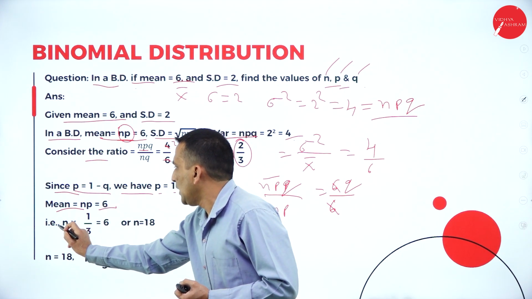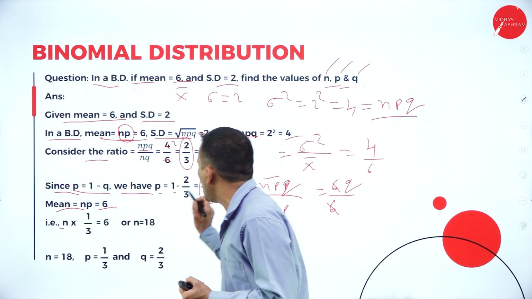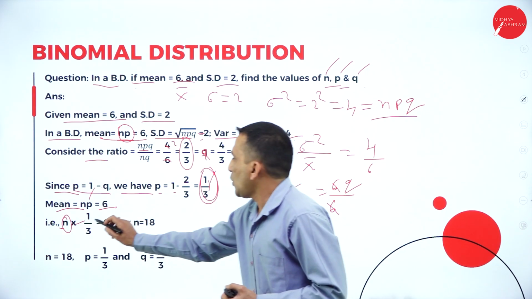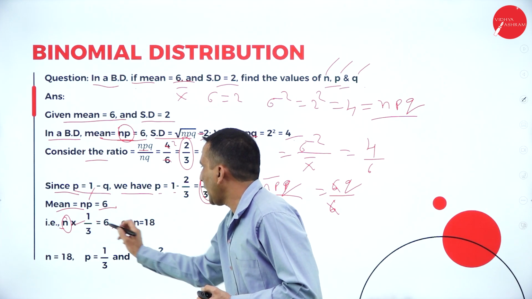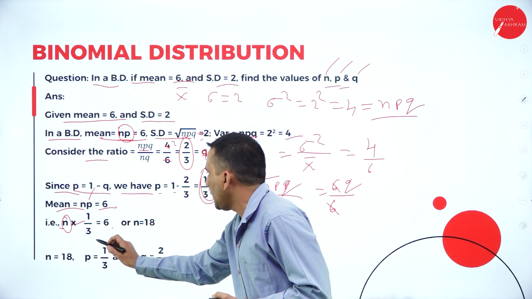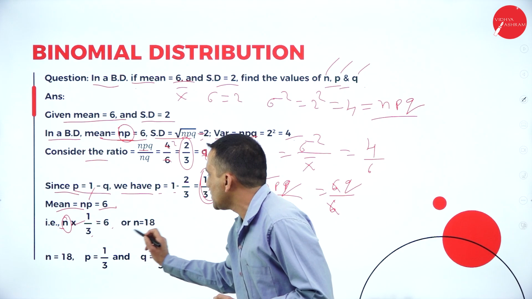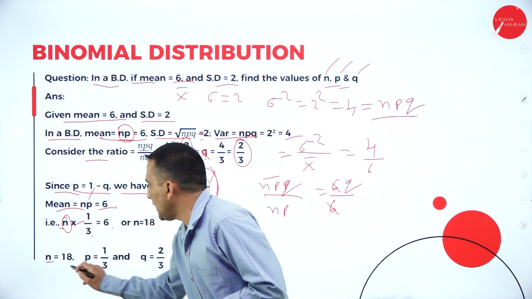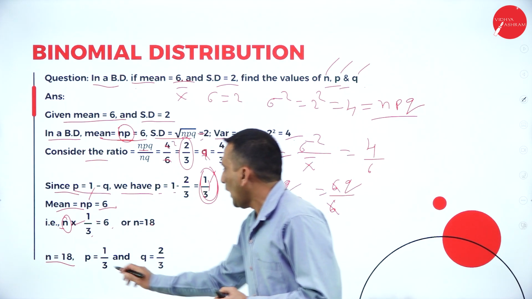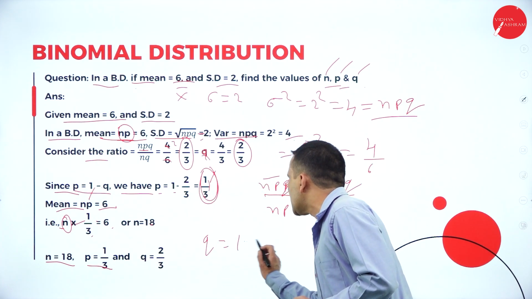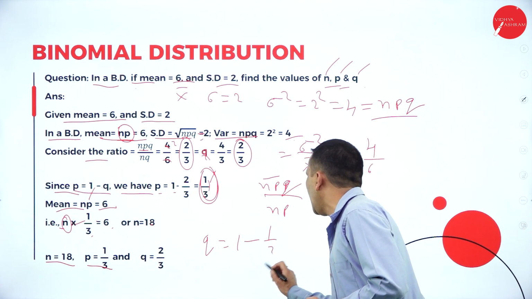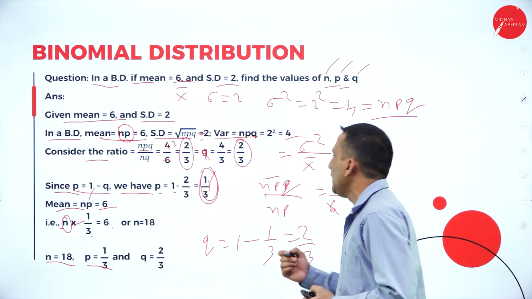Okay, so n into p, because just now we got the p value. So n into 1 by 3 is equal to 6. Or you can write like this, directly n is 3 into 6, 18 we are getting. So n we are getting 18 and p we are getting 1 by 3. How to find out Q? 1 minus p value 1 by 3. If you subtract, 2 by 3 we are getting.